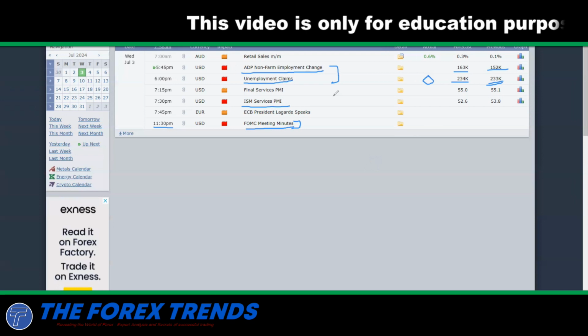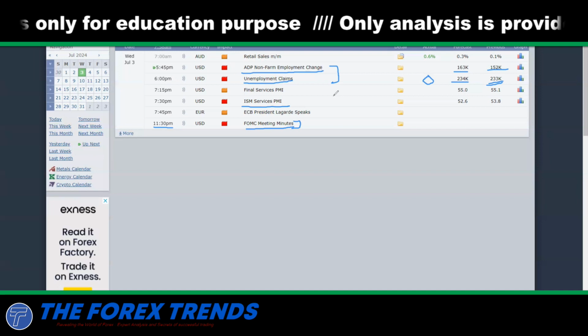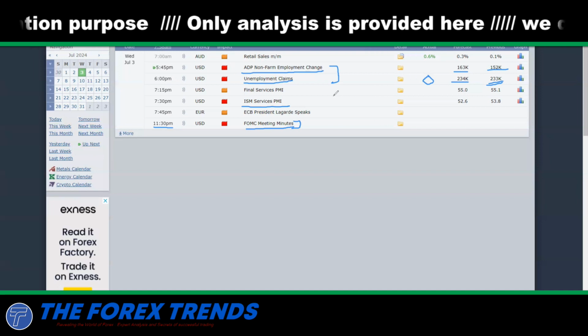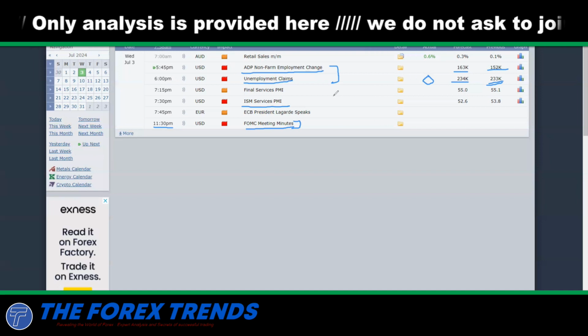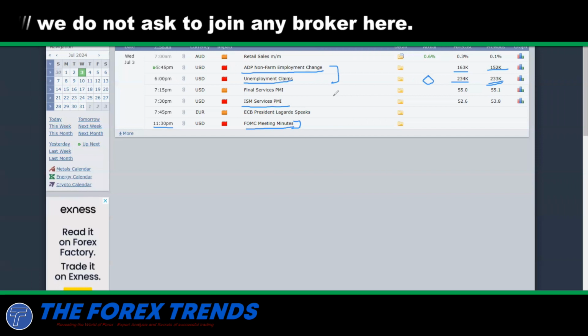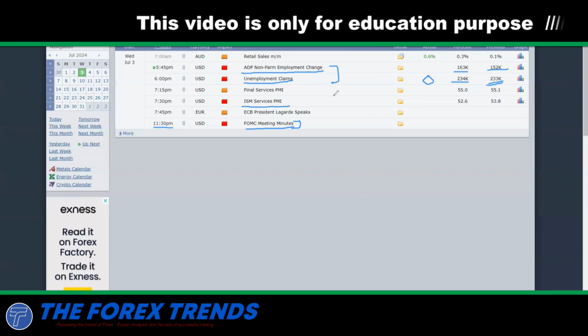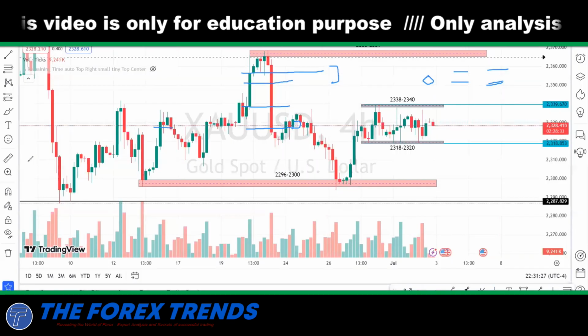And as per my opinion, until the dollar approaches 106.50, we are still hawkish on the dollar and we will trade according to this sentiment. Whenever the market tests this 106.50 resistance, let me show you on the dollar.